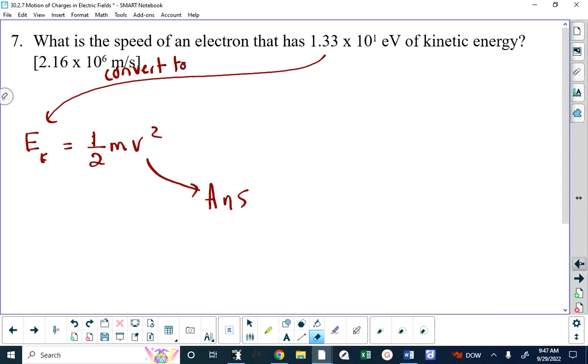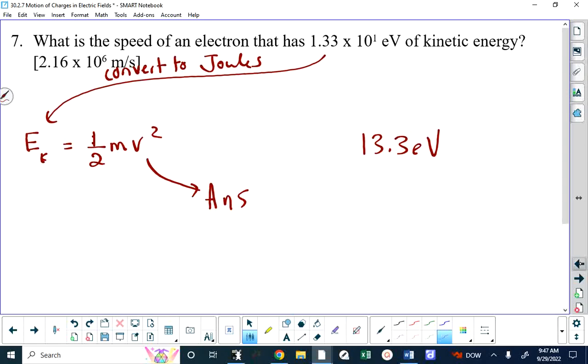So what do we have? We have 13.3 eV. Again, I'm going to kind of force you to figure this out if you haven't got it already. Since 1 electron volt is 1.6 times 10 to the negative 19 joules, we're going to multiply that by that number to get the joules.